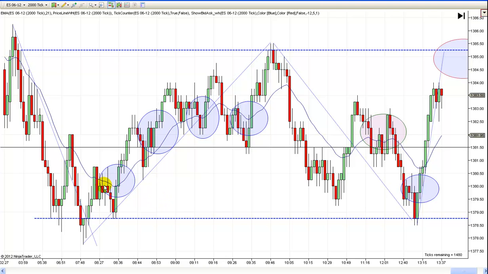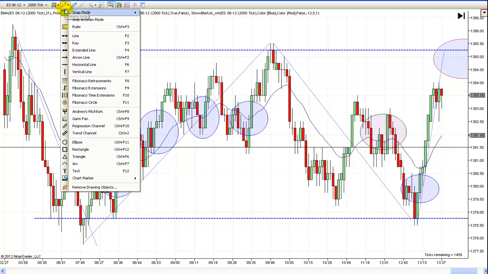But that's just a two-legged pullback right here that retested the new trend line. The real key to this was this support area that we broke below and failed and then reversed out of. And you were looking for a leg at least equal to this one right here.